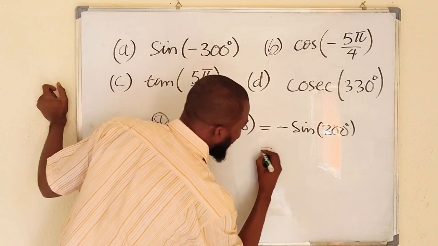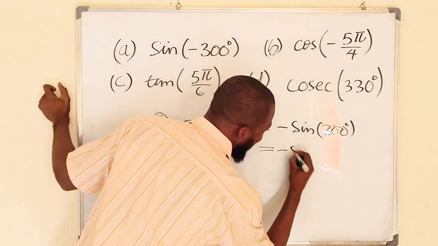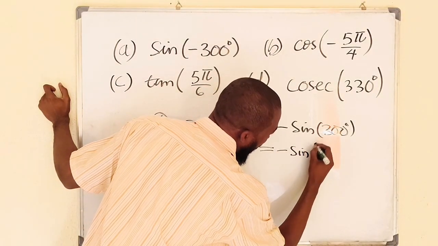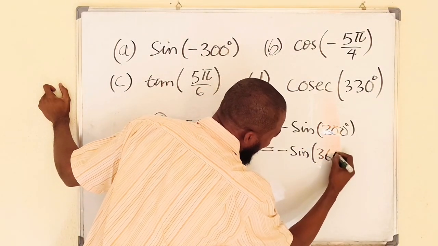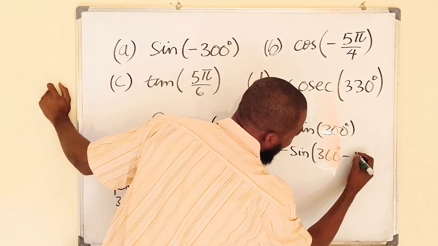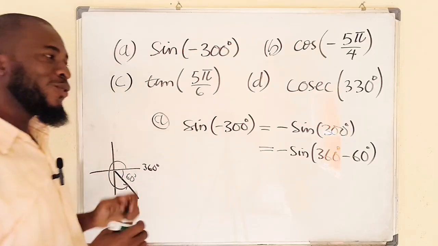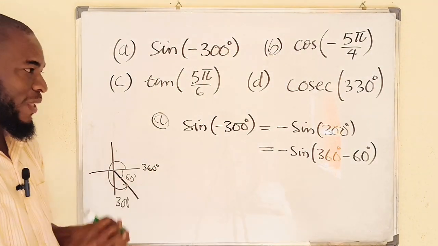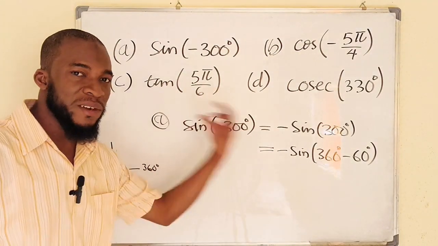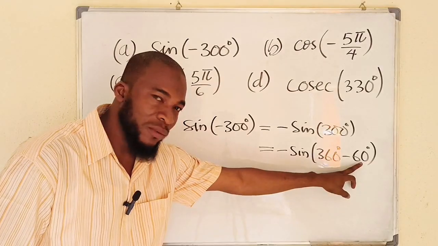So this is equal to negative sine of 360 degrees minus 60 degrees. You should know they are exactly the same, because we're going to utilize the reference angle. This will be our reference angle.